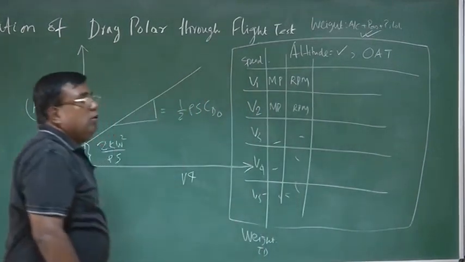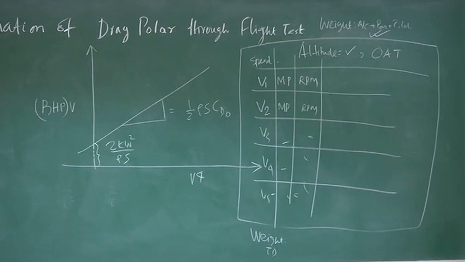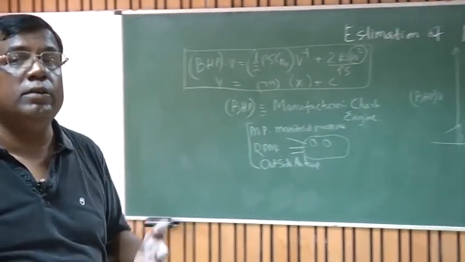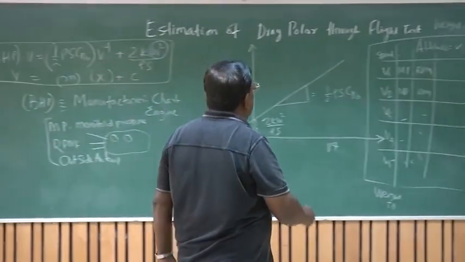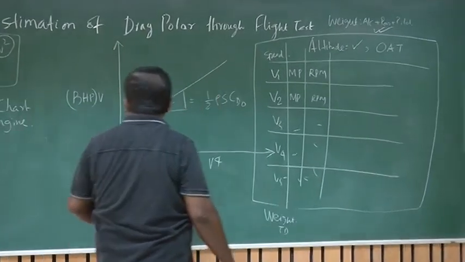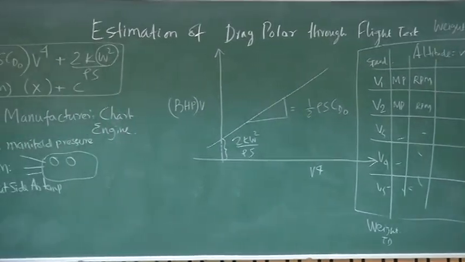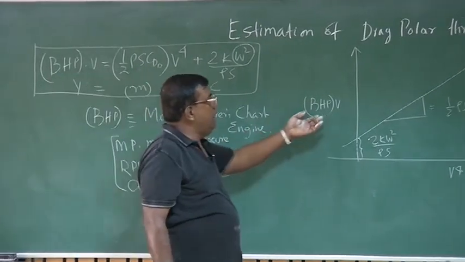A wiser man will note down the time. He'll carry a stopwatch also, because we like to see what was the time during which I was not cruising. So he will try to find out the fuel weight and reduce it from the total weight. Okay. So I know all these things. Now it is simple for me. I'll use manifold pressure, RPM, and outside air temperature to find BHP.